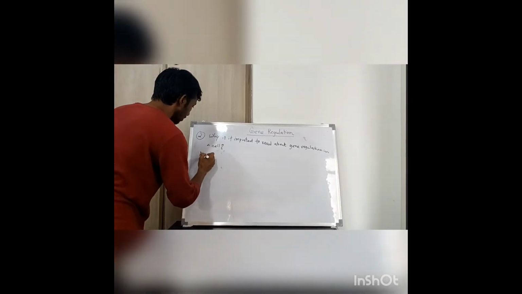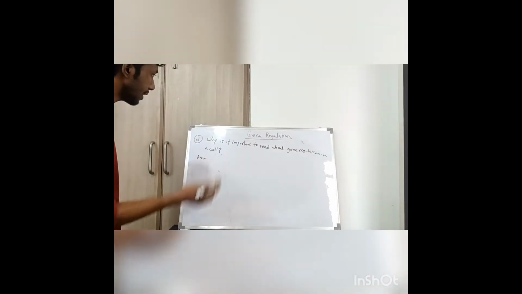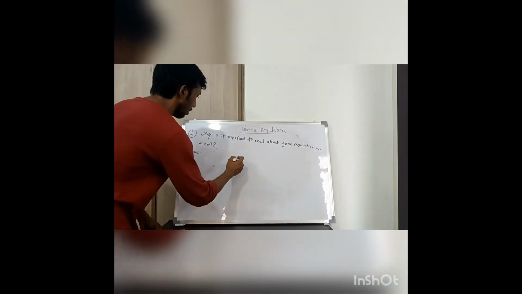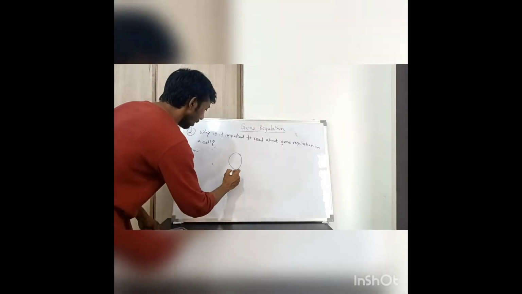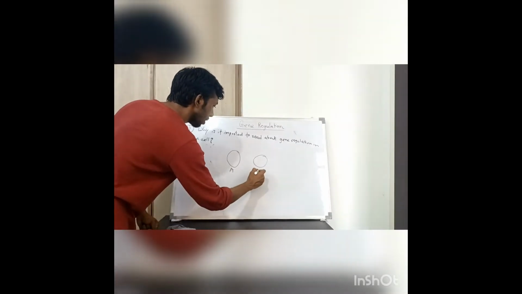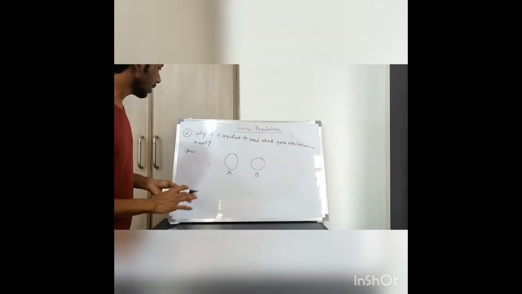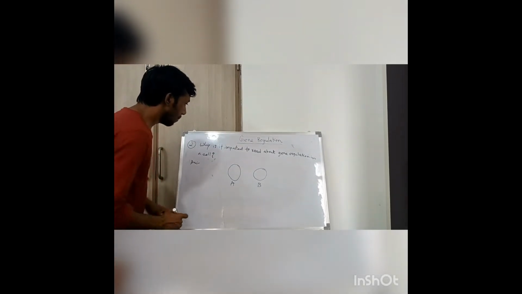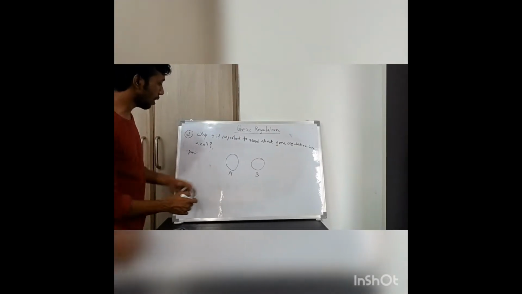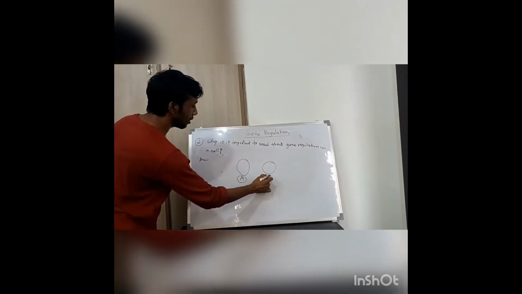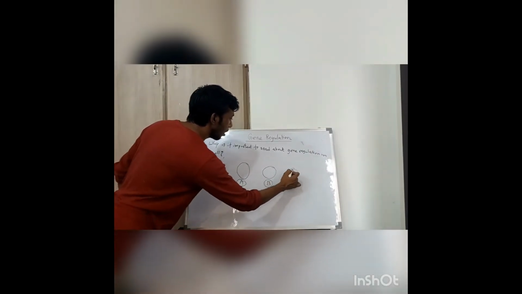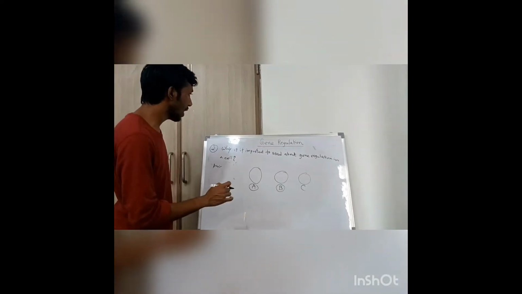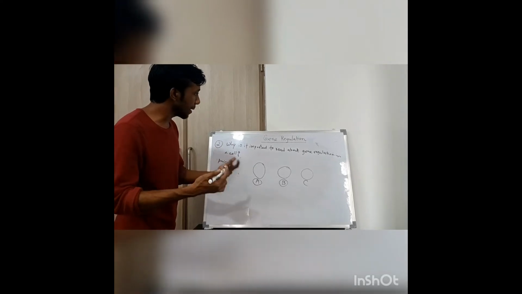The first and foremost reason it is important to read about gene regulation in a cell is, suppose here is cell A, here is cell B. Now each and every cell of our body has the same genetic makeup, but what differs from cell A to cell B or cell A to cell C is only the expression of genes in a spatio-temporal manner.